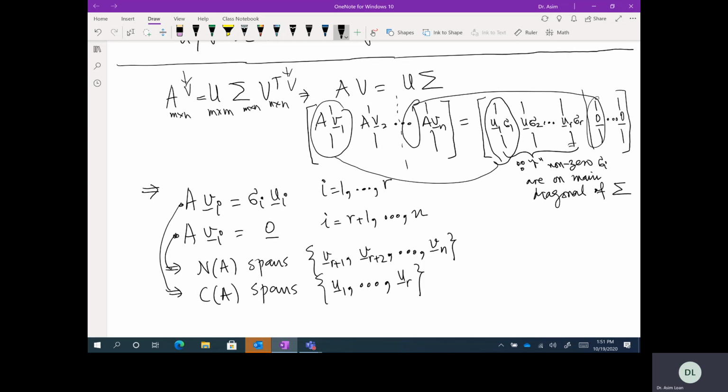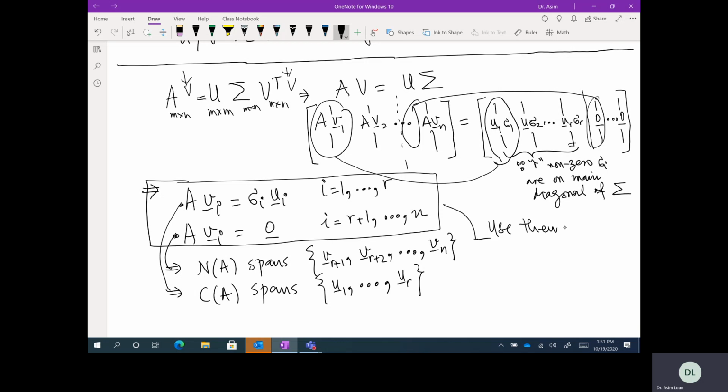And when do we use these equations? We use them when A is fat, meaning m is less than n.